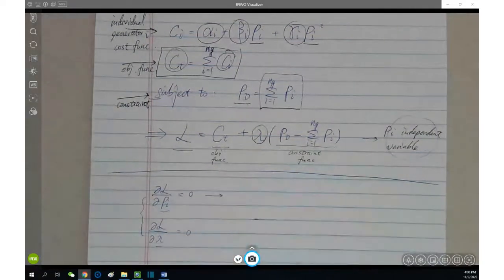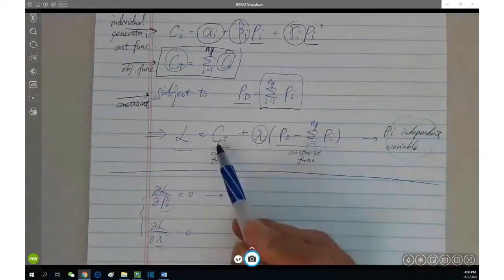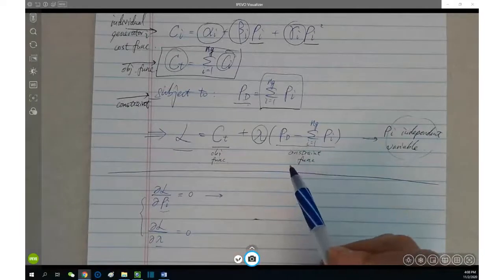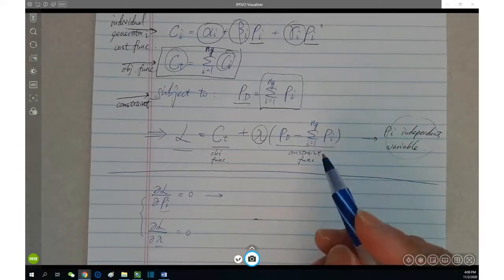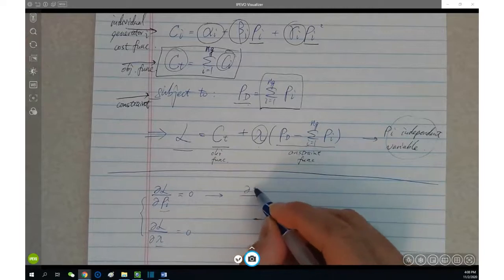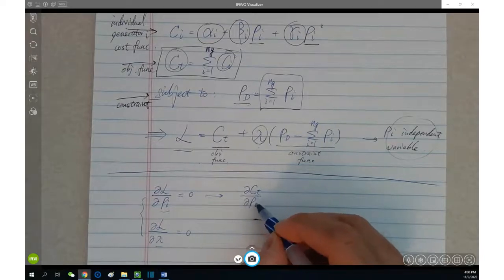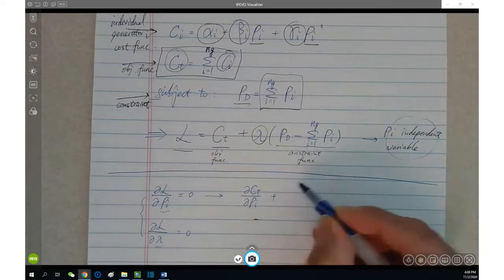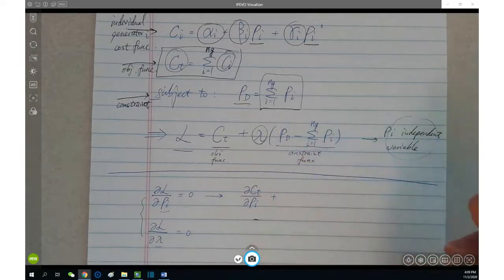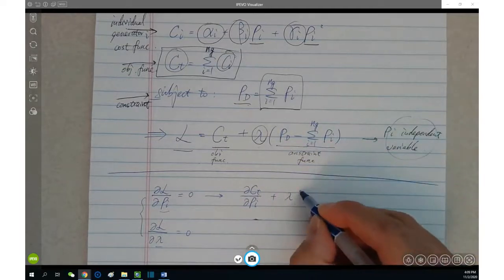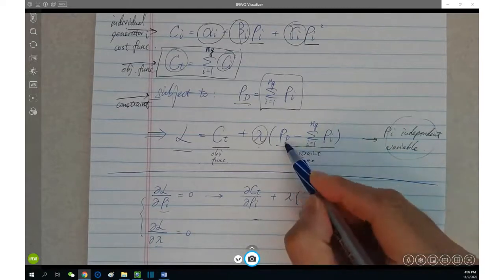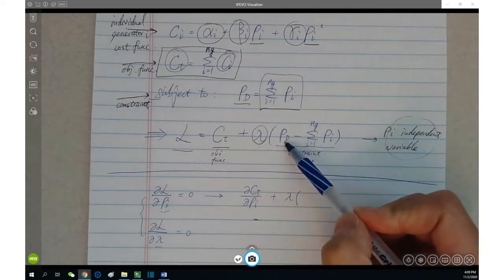From here, with respect to p sub i, this function's derivative equals the partial derivative of C sub T with respect to p sub i, plus, how about the second part? Lambda times P sub D is independent of p sub i.